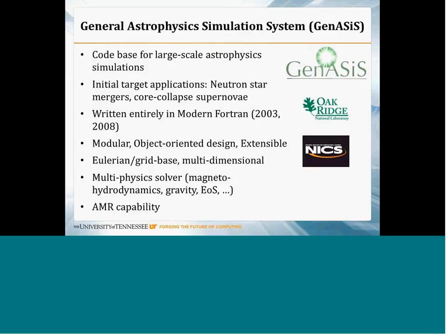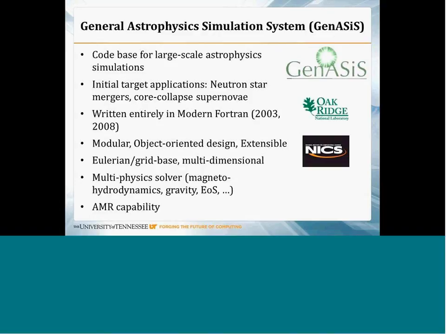To try to handle some of this, there's a collaboration here with Nix and with Progress to develop a new code called Genesis. The initial target for this code is simulation of neutron star mergers and core-collapse supernovae. This code is written entirely in modern Fortran, in the Fortran 2003 and 2008 standards.